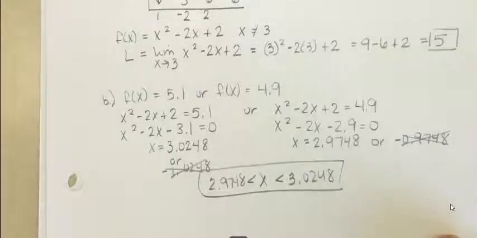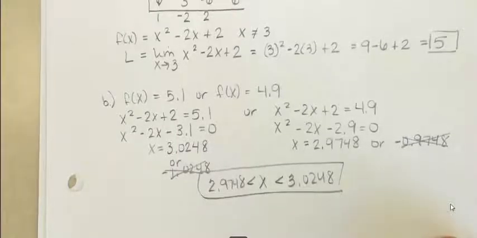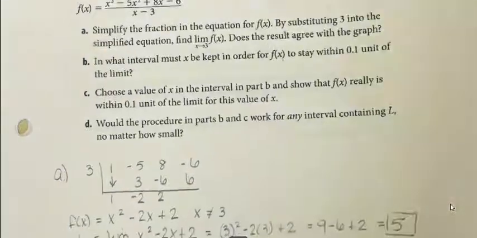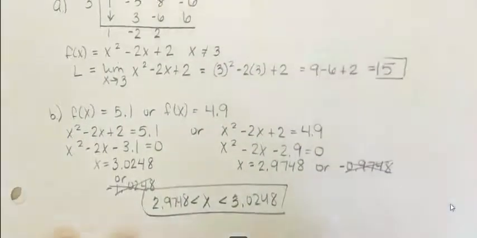Okay, moving on to C. We're going to choose a value of x in the interval in part B and show that f of x really is within 0.1 unit of the limit for this value of x. So within this interval, I could use, how about 3.01?